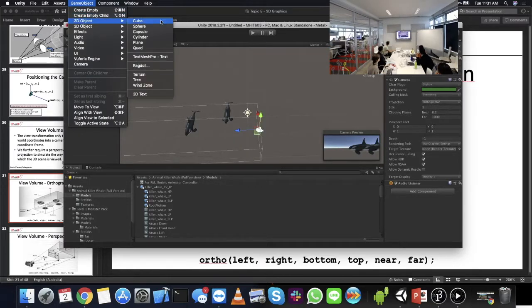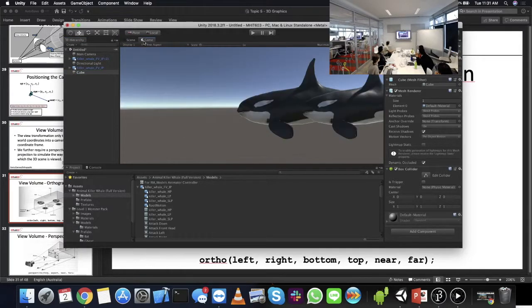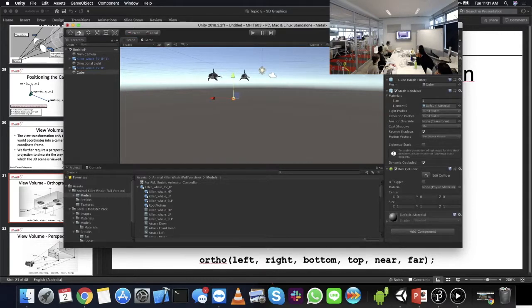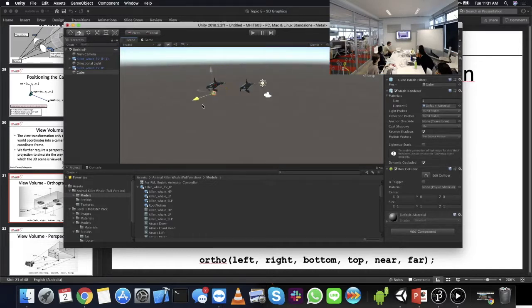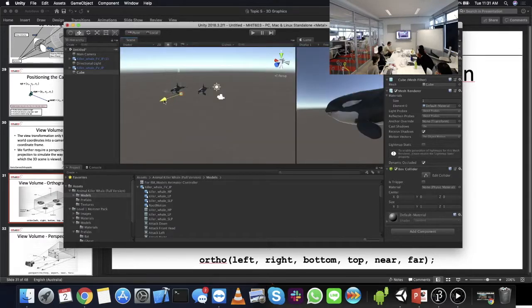Likewise, if I threw a cube in the mix, see if I can get that in a position where we can actually see it. Sort of between the two of them. All right, there's my cube there.